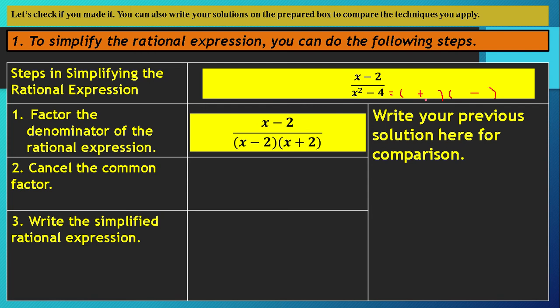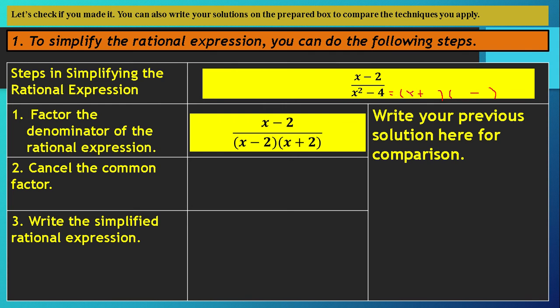At yung middle operation ay plus and minus. So, paano natin kunin yung mga terms na nandito sa binomial factor? Una, kunin natin yung square root ng first term. So, yung first term natin na ito, x squared. So, square root of x squared, that's x.